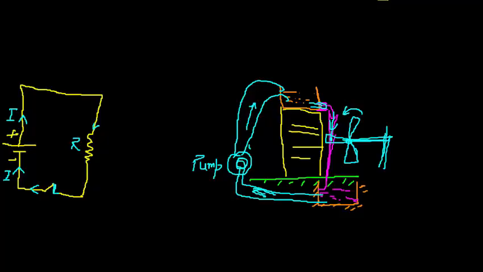Now let's do the comparison. Here, as we said, whatever current leaves the positive terminal, the same enters the negative terminal. Here the current is this water, the flow of water. Now if you observe carefully, the quantity of water remains the same. Under ideal conditions, no water is lost. Let's traverse the path of the water.